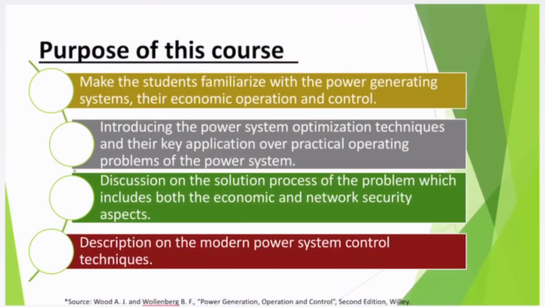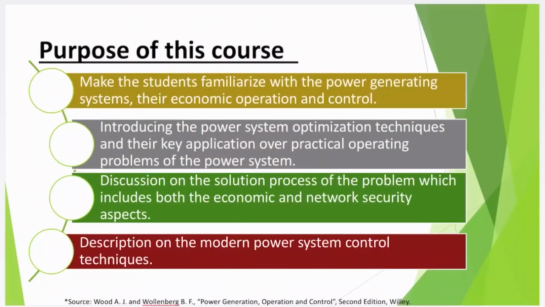Now if you go through the objectives of this course, the main objectives are to make all the students familiar with power generating systems and their economic operation as well as control. We'll also try to introduce the concept of power system optimization and its key application to practical operating problems of a real power network.